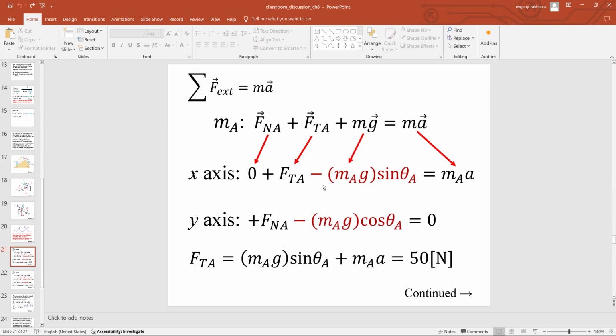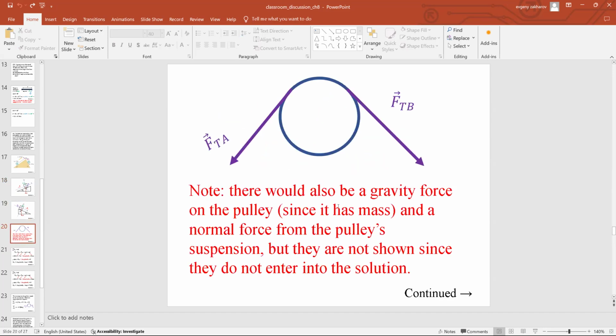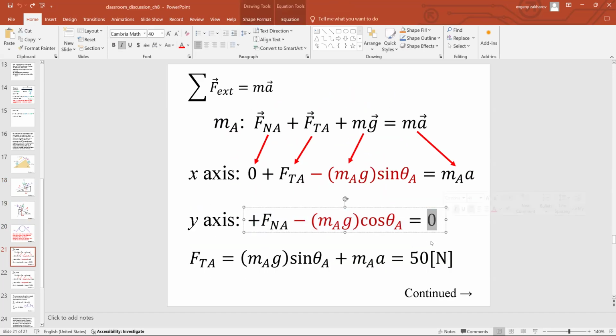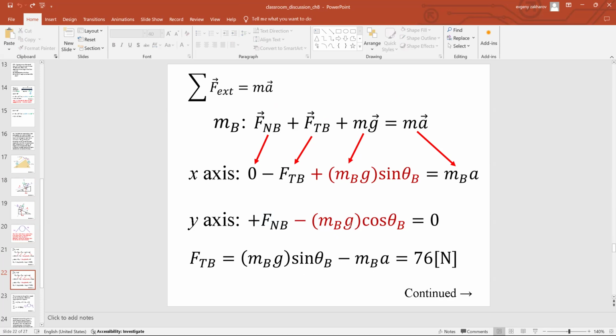Everything else is perpendicular onto the y-axis, so that's just zero. Acceleration is perpendicular onto the y-axis, so it is zero. So calculating the tension from what's given, 50 newtons, yeah, makes sense for a small setup.